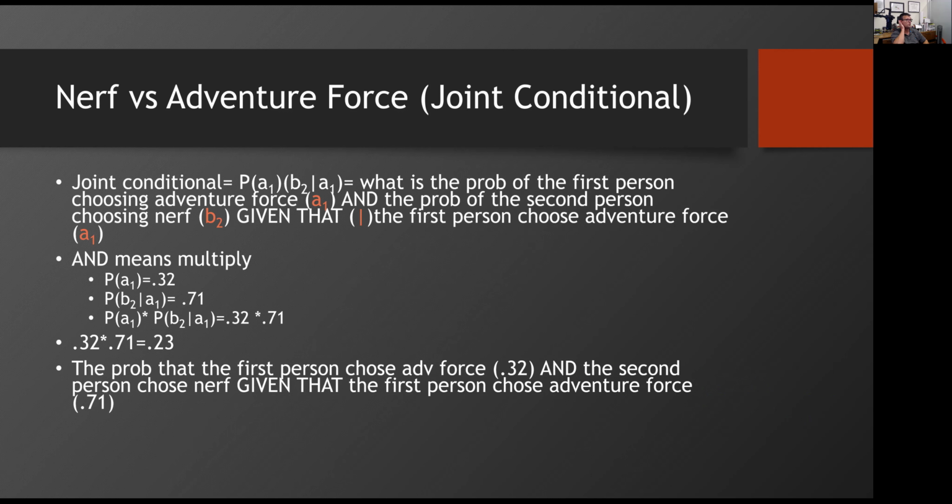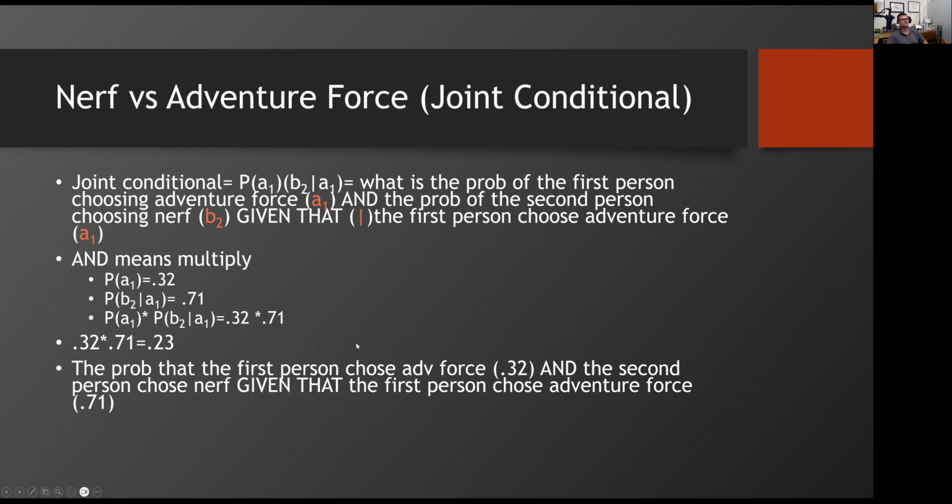So what we need to do is multiply the two of them together, and that gives us a joint conditional probability of 0.23.